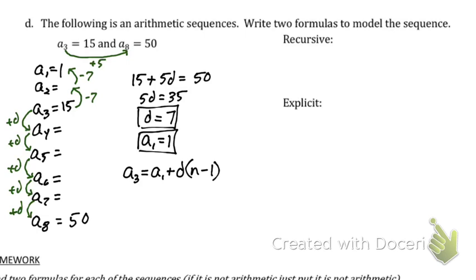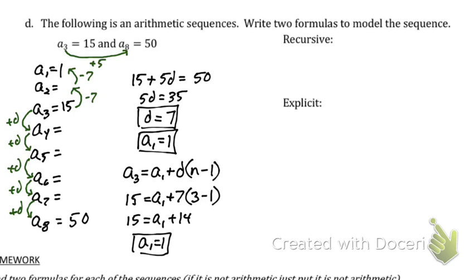Well, we know a sub 3 is 15, and that would make my n 3, and we also know our 7 there. So we can plug in a bunch of information. Let's pretend we don't know our first term. a sub 3 is 15, plus our common difference is 7, and n would be 3, because I'm looking at my third term. Well, that's going to be 15 equals a sub 1 plus 7 times 2 is 14. Subtract 14 on both sides, you come up with a sub 1 equals 1.